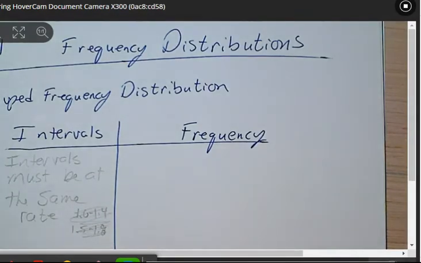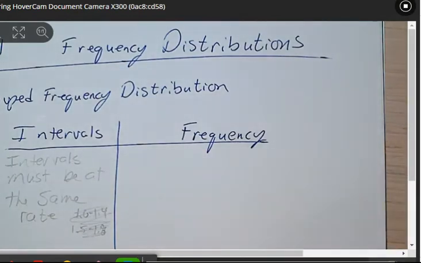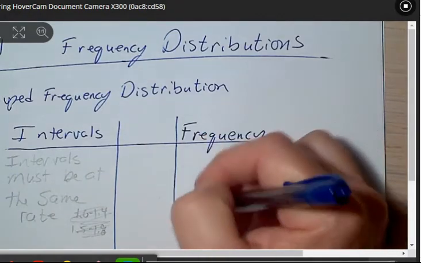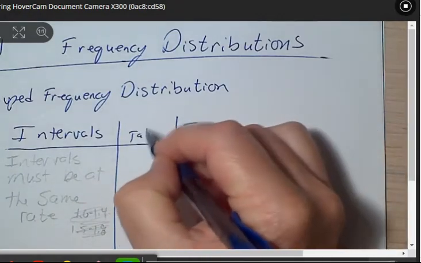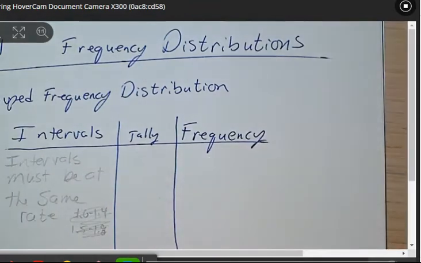And depending on how you do this, you'll basically see they'll have intervals here, and then you'll just go back and put the frequency in. If you were doing this one by hand, which sometimes people will do, you'd have one more spot in the middle where you'd have a tally where you go back through and check them off, and then you can get the frequency that would be here.